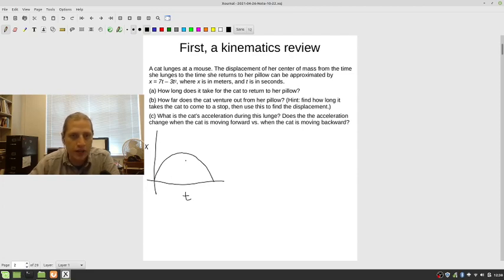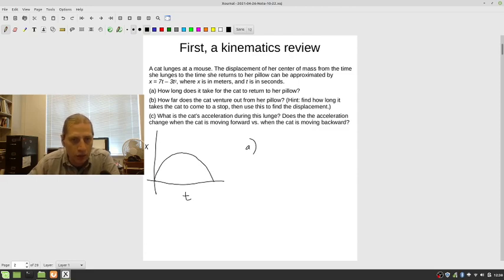So the first question I ask is, how long does it take for the cat to return to her pillow? Well, if you draw a picture like this, you can see what's happening. The cat is going forward, slowing down, grabs the mouse, and then immediately begins speeding up again as she goes back to her pillow.